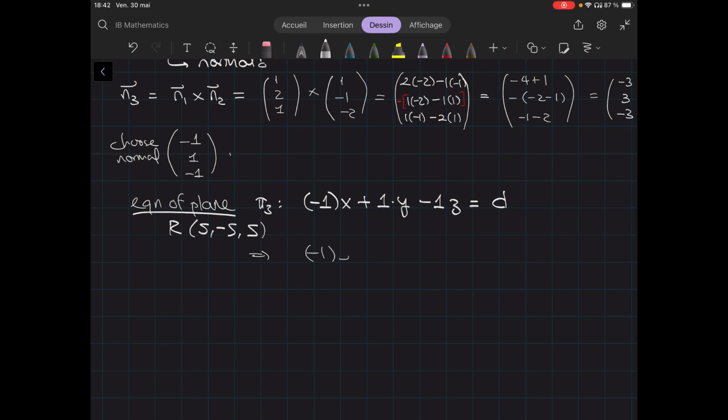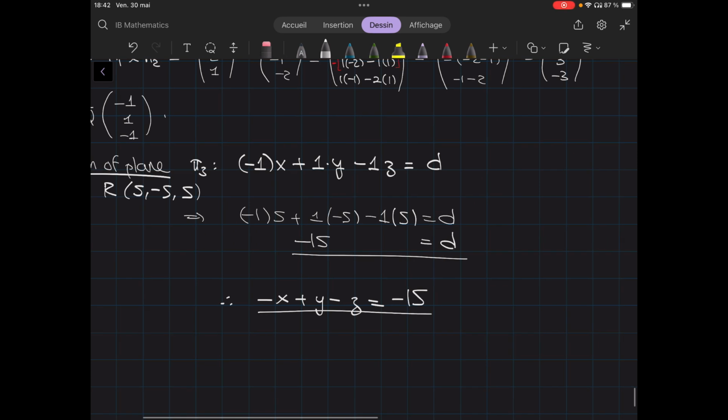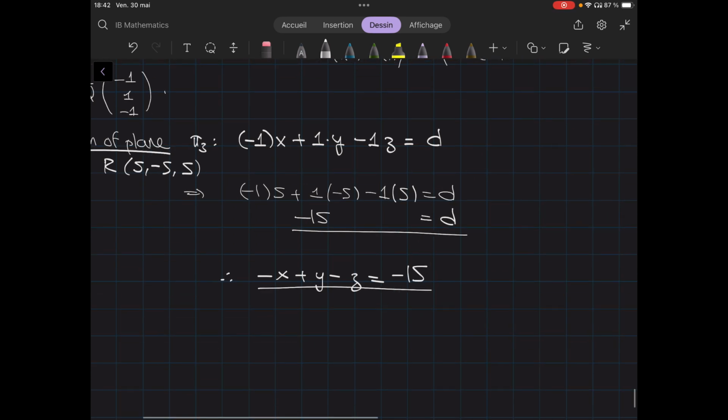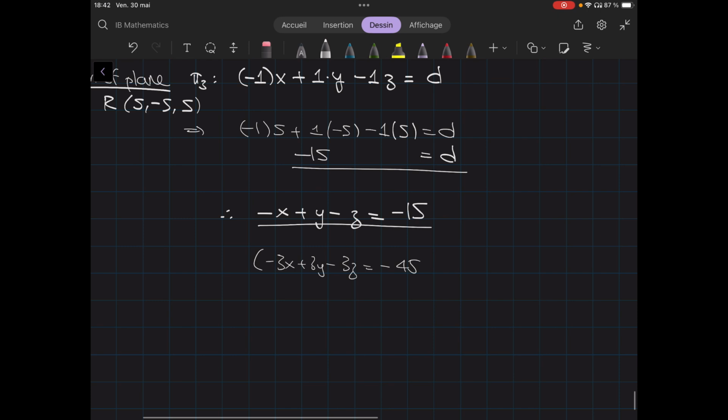Therefore, we're just going to plug this point into our equation, and we will get d is equal to -15. Thus, -x plus y minus z is equal to -15. All equivalent answers will be accepted. In other words, if you do -3x plus 3y minus 3z is equal to -45, or if you do x minus y plus z is equal to 15, you will still get full marks.